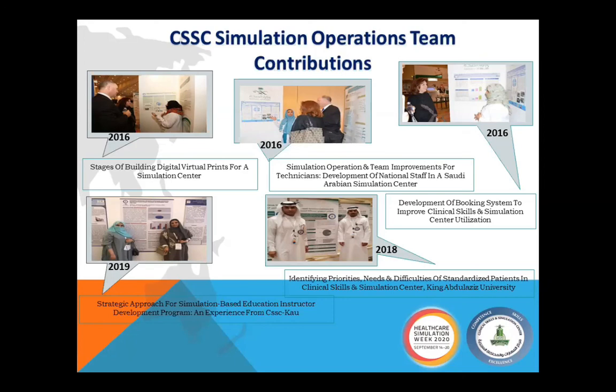How can I, as a simulation operation member, help him? If I don't know the simulation-based research principles, I will not know how to help him regarding the equipment, regarding the areas of simulation. We need to know what the simulation-based research principles are.